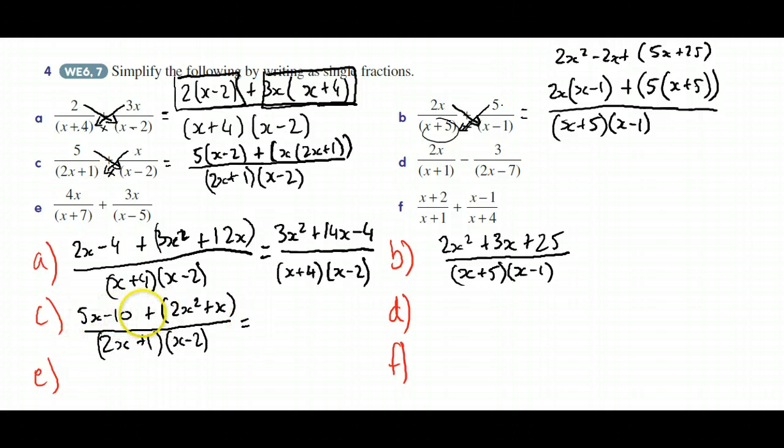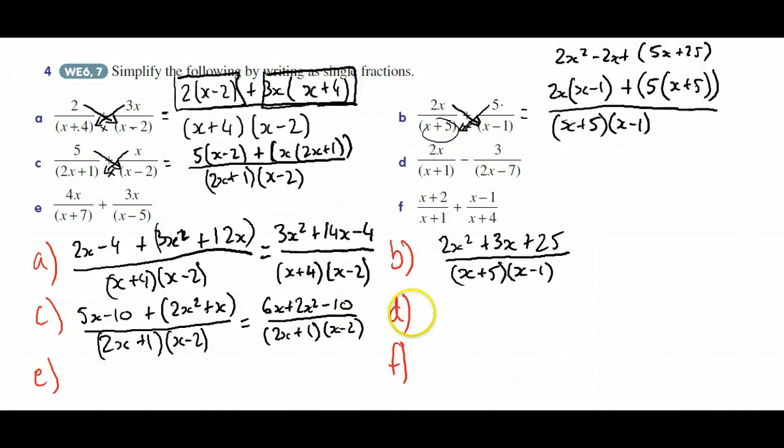Okay, and simplifying the top, we've got 5x plus x, so that gives us 6x, and we've got a plus 2x squared, which I should have put at the start, but it's not really that important, and minus 10 at the end. Ideally you'd put the highest power first and then the second highest power next, and then any constants would go at the end, but that's not life or death. 2x plus 1 and x minus 2 on the bottom.